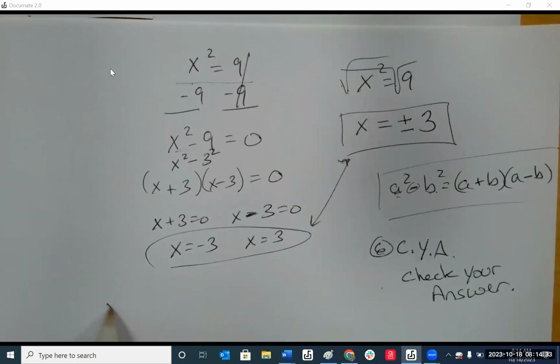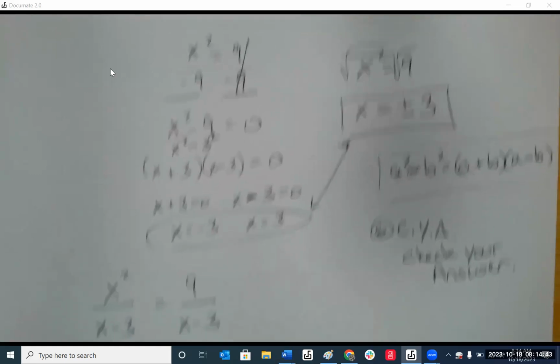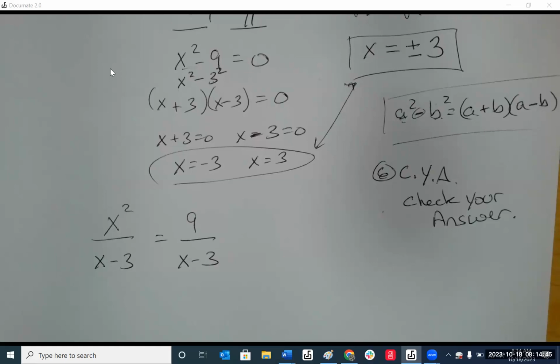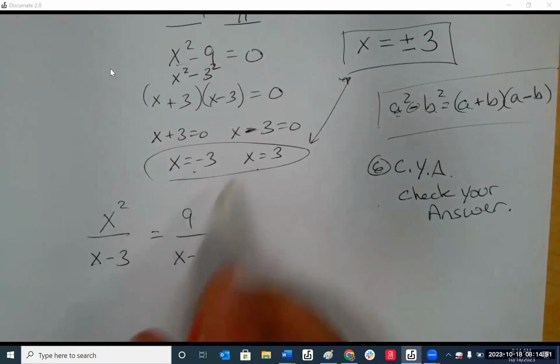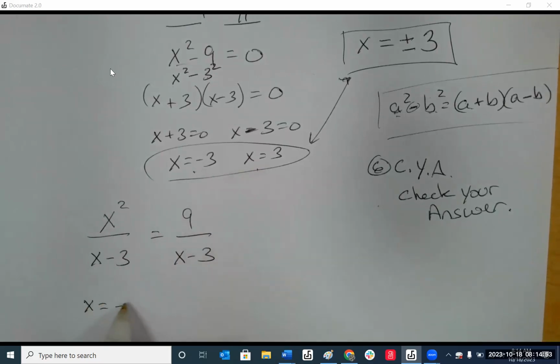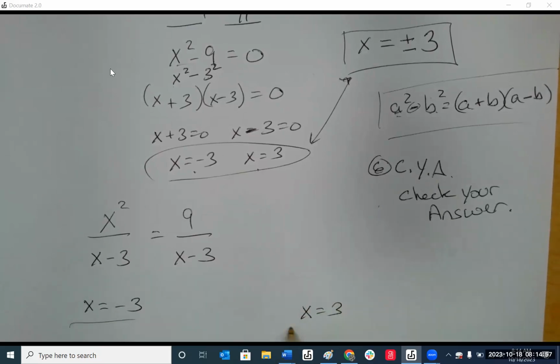The original question was this. We have two possible answers. So when x equals -3 or when x equals 3. We have two of those we have to check.